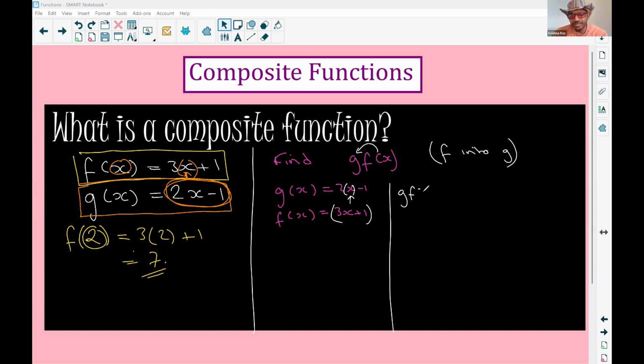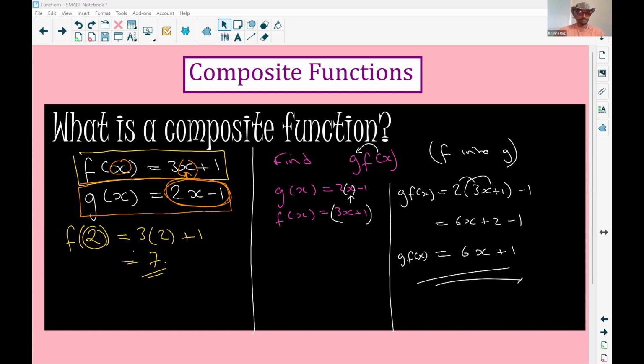So g of f of x is equal to f into g, so 2 times 3x plus 1 minus 1. So this time we have 6x plus 2 minus 1, which is 6x plus 1. Job done.